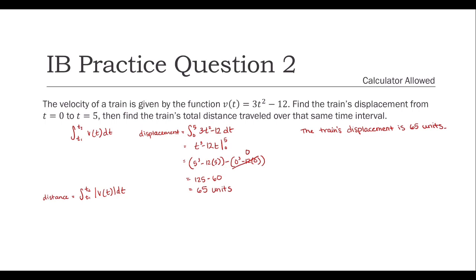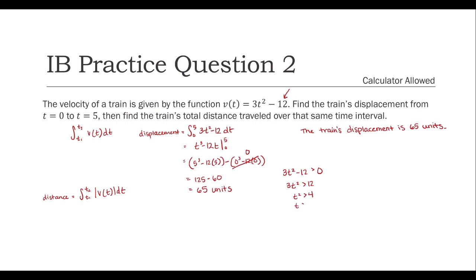So we need to start by finding when our velocity is positive and when it's negative. So we'll find when it's positive by saying 3t squared minus 12 is greater than 0. So 3t squared is greater than 12. So t squared is greater than 4.